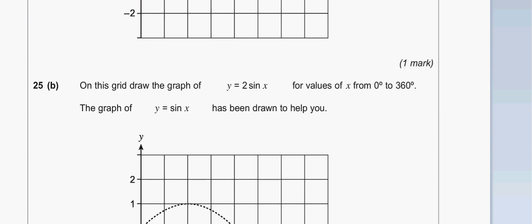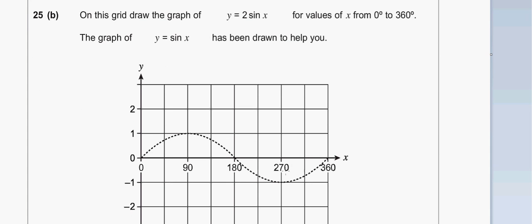Now the next one, we again have y equals sine x, but this is y equals 2 sine x. So what that means is that the extremes are lifted. Okay, the high points and the low points are lifted or dropped. So here at 90, this is our high point, it's actually going to come up to 2, and here it's going to go down to minus 2.